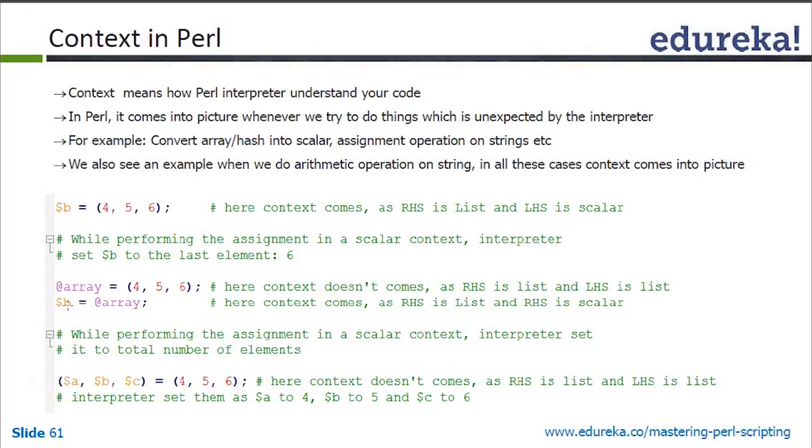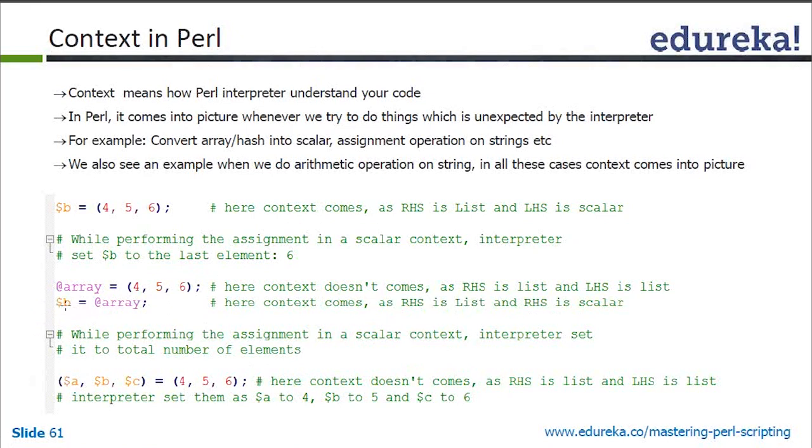Since indexing starts at 0 and goes to n minus 1, we can just add 1. So if you want to know the size of a huge array, you can simply assign it to a scalar and print it, and it will give you the size of the array. There are a few more ways to do it.